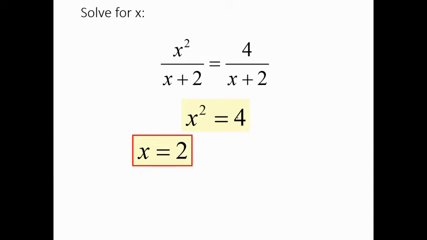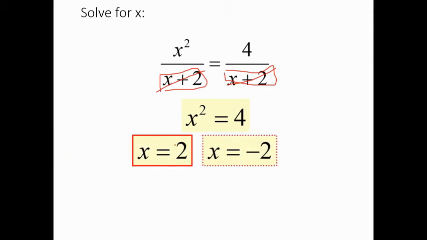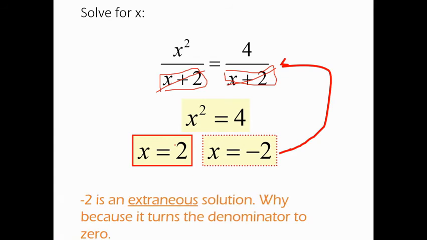Notice that these denominators here are the same, so they would just cancel. Technically, your x is not only equal to 2, but it's equal to negative 2. But if we plug a negative 2 in there, notice that we're going to wind up with a 0 in the denominator, because negative 2 plus 2 is going to be 0.